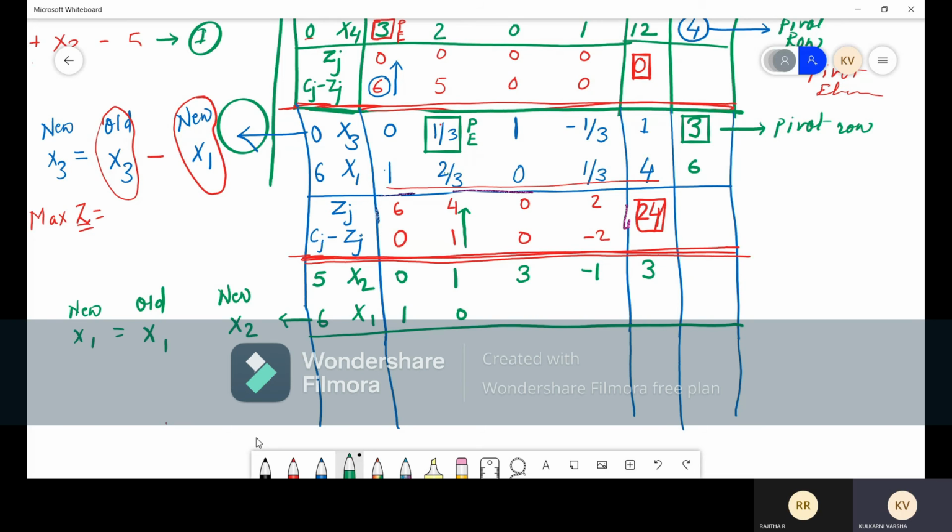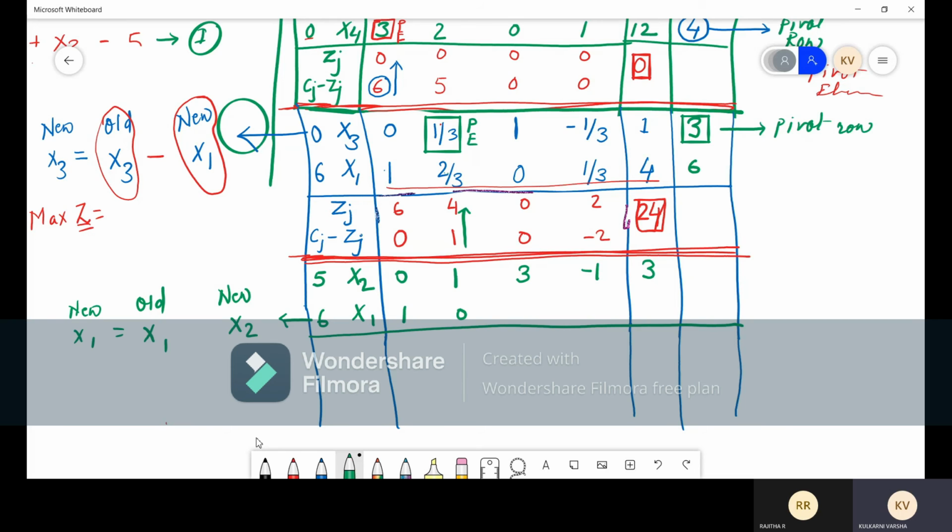So what can we do? We can multiply this 1 by 2 by 3. So 1 into 2 by 3 will be 2 by 3, and then we subtract it from this 2 by 3, so it will be 0. Now if you multiply this 1 by 2 by 3, then you have to multiply the whole row by 2 by 3.